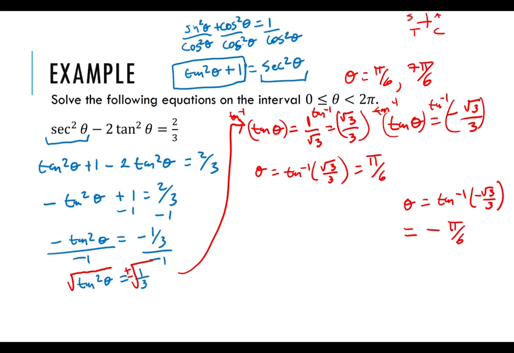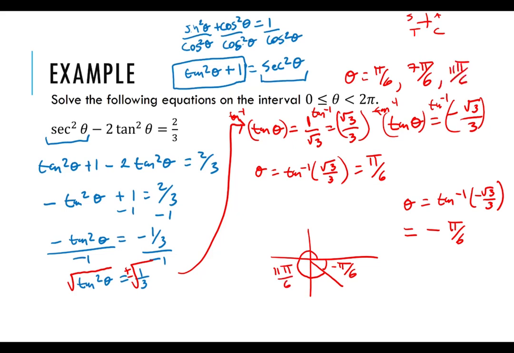Now of course this does not fall between 0 and 2 pi, and so if I were to think about that on our circle, negative pi sixth is here, but to make that be between 0 and 2 pi, I add 2 pi to that, and I'm going to get 11 pi sixths. And so another solution is 11 pi sixths.